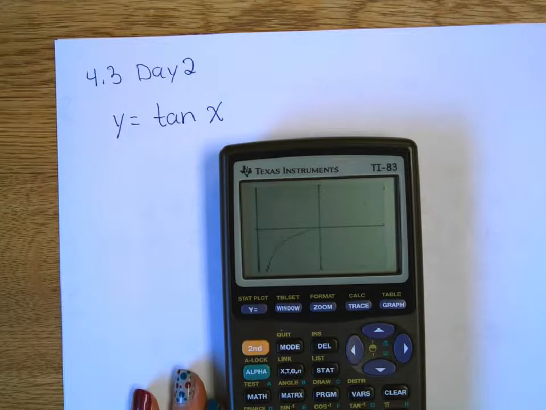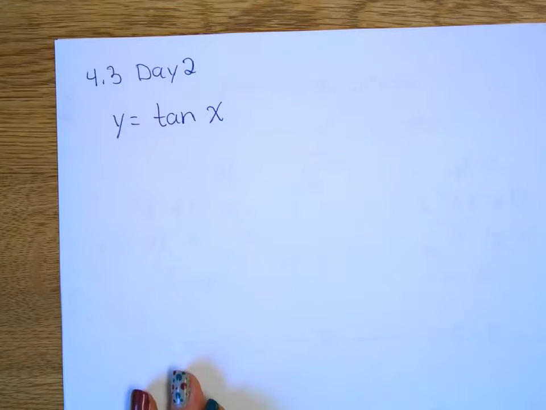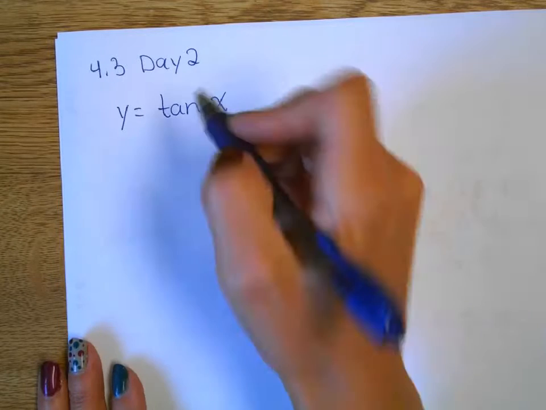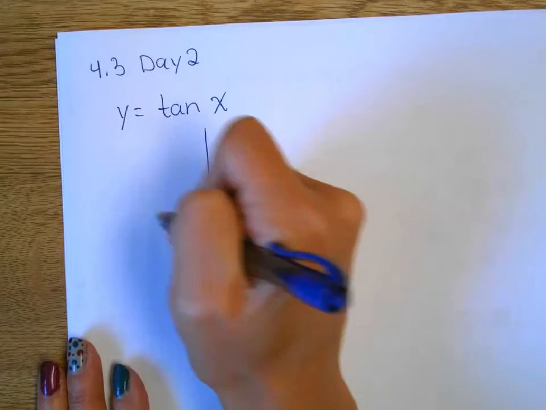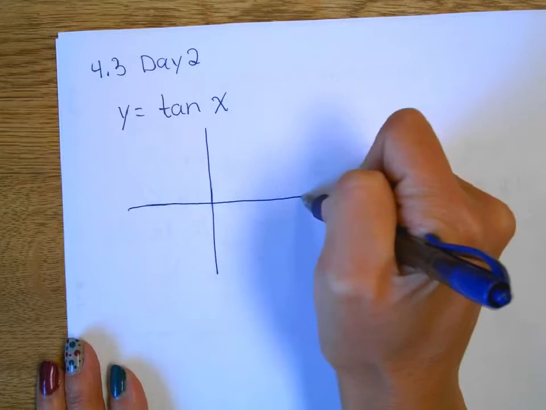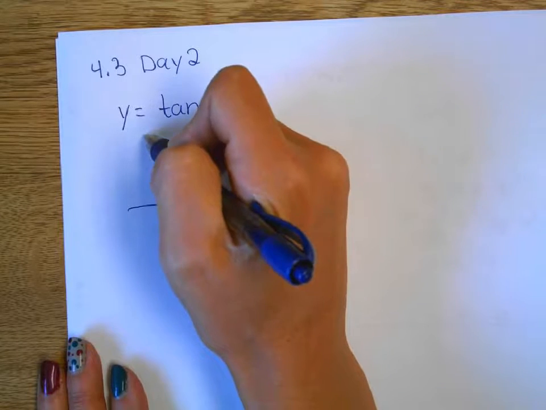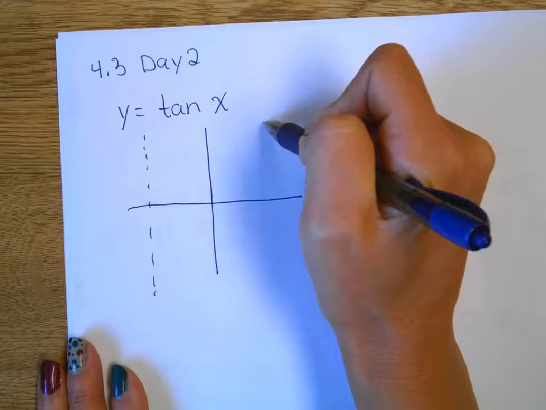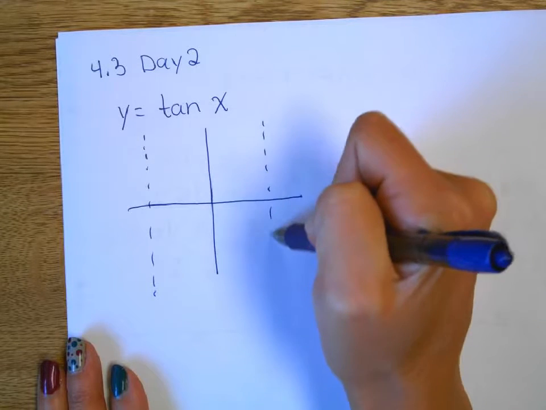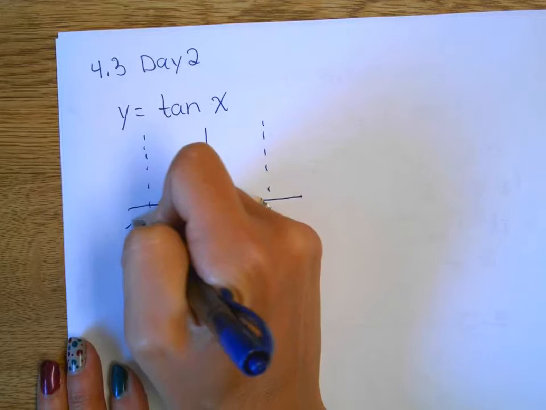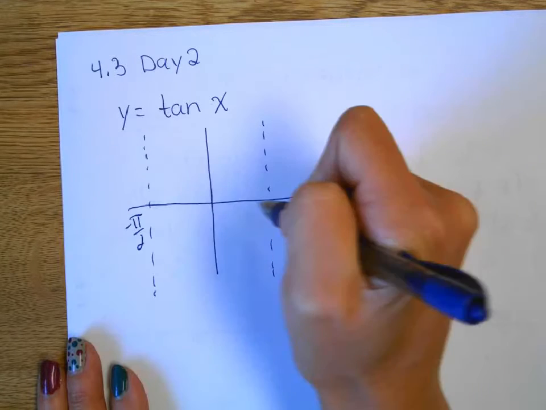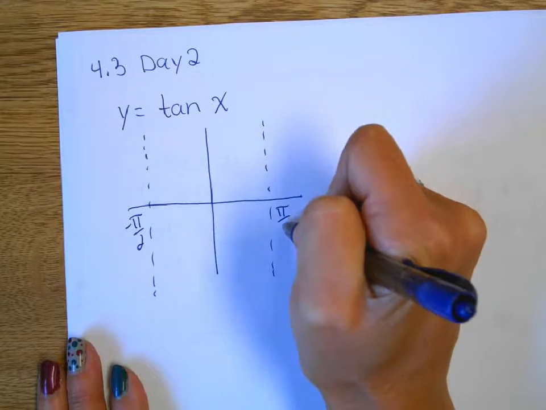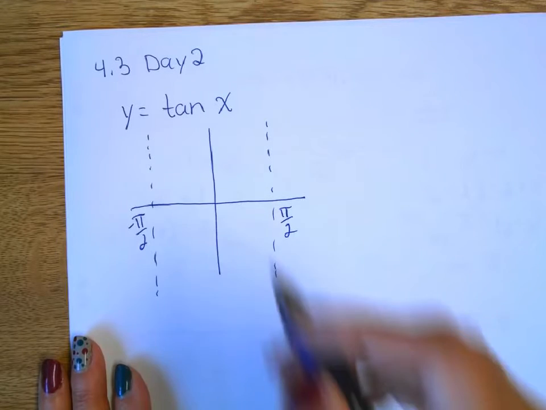So tangent goes right through the origin. And this is way stretched out. So, what we've got is tangent's going to start with an asymptote, and finish with an asymptote from negative pi over 2 to pi over 2. Hits the origin.